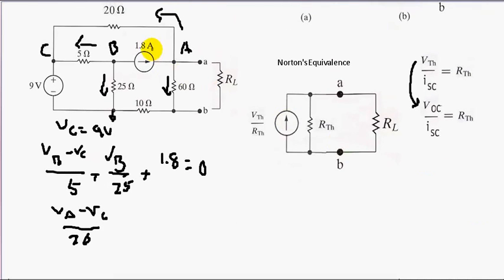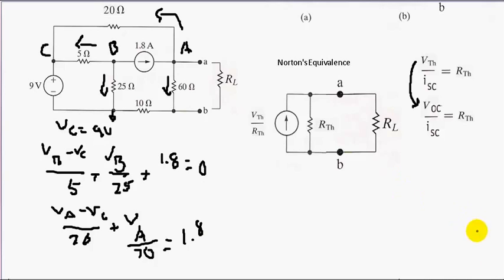This current plus the current going out, VA over how much? That's 70 ohms because we're doing it with respect to ground, is equal to 1.8 amps.